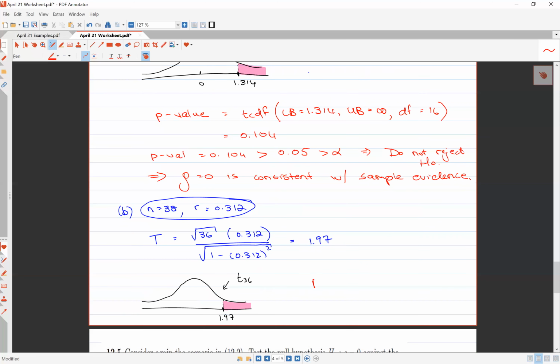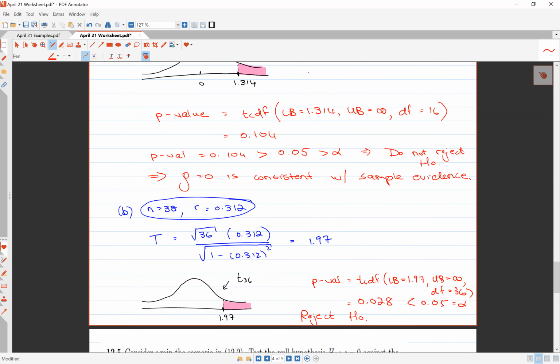And so in this case, if you do TCDF, lower bound 1.97, upper bound infinity, degrees of freedom 36 in this instance, you get a p-value of 0.028, which is less than the alpha of 0.05. And so in this instance, you would reject the null hypothesis.